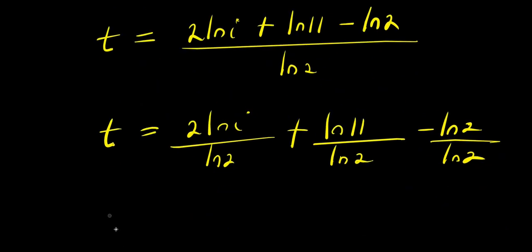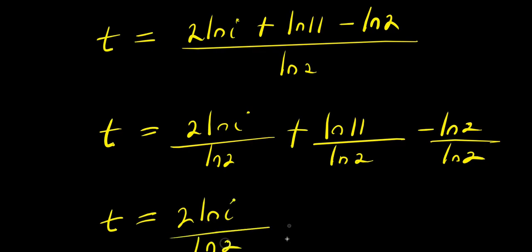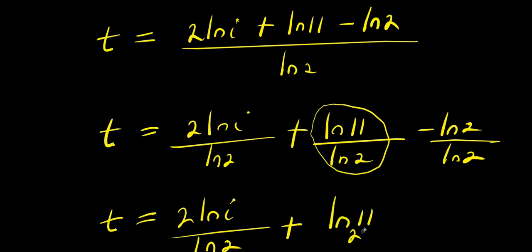So I have t equals 2 times ln i divided by ln 2 plus this will be log base 2 of 11. Remember, ln a divided by ln b equals log base b of a. Then this cancels itself. I have -1.